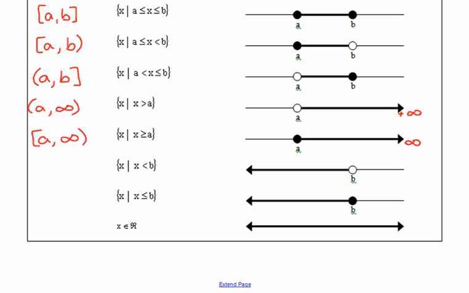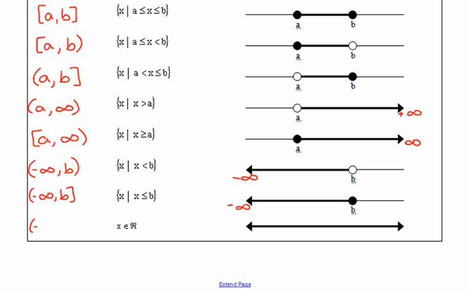Same idea. In this case, what are we between if we're less than b? Well, we're between negative infinity and b. We'd write that as a round bracket, negative infinity, comma, b, and it's not equal to b, so round bracket. Same idea here, except now we're equal to b, so negative infinity to b closed. And if it's all real numbers, what is it between?